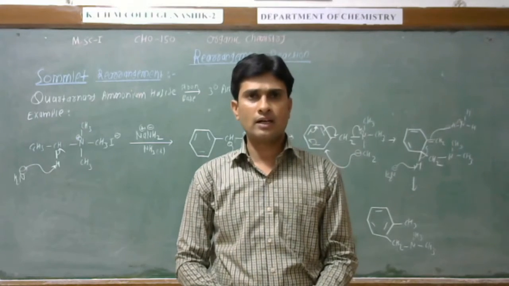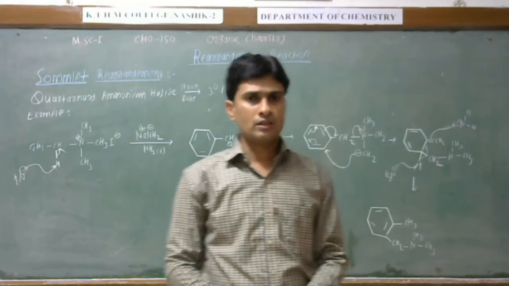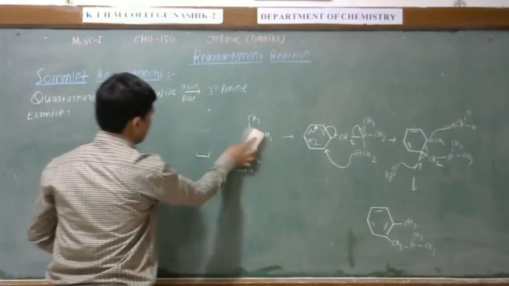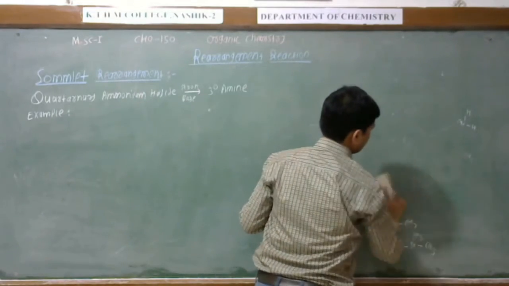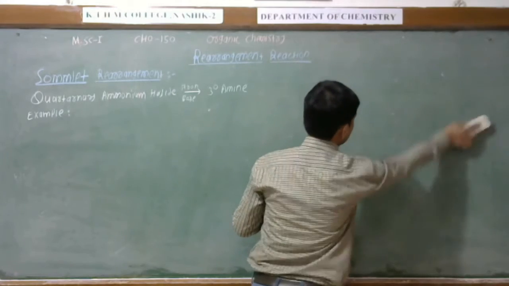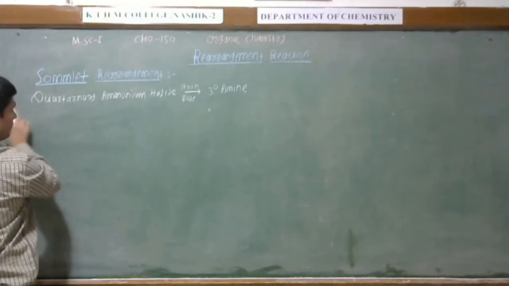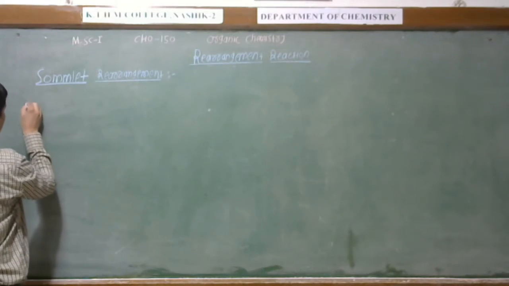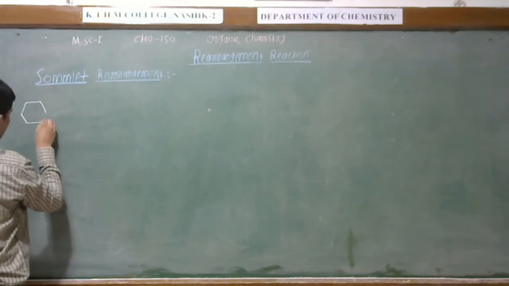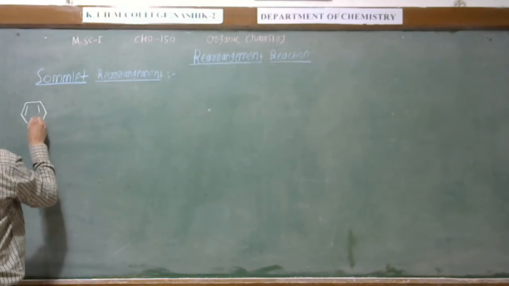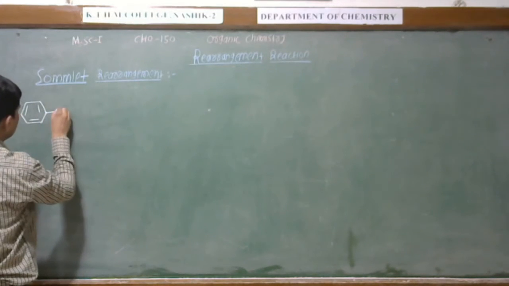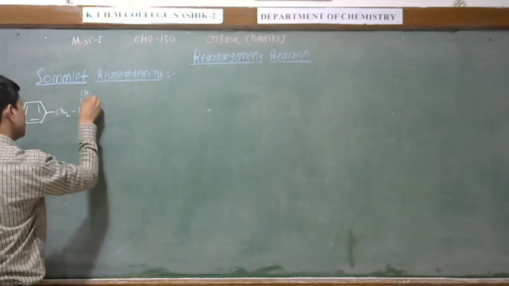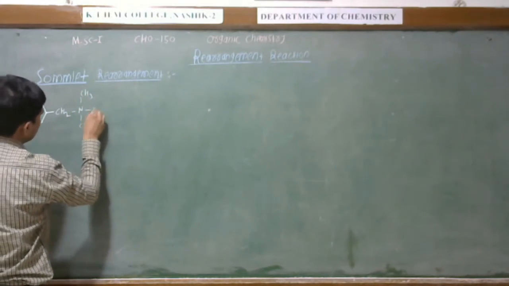Let us discuss another example. Another example is given here. This is the CH2, this is the nitrogen, this is CH3, this is CH3, and this is CH3.